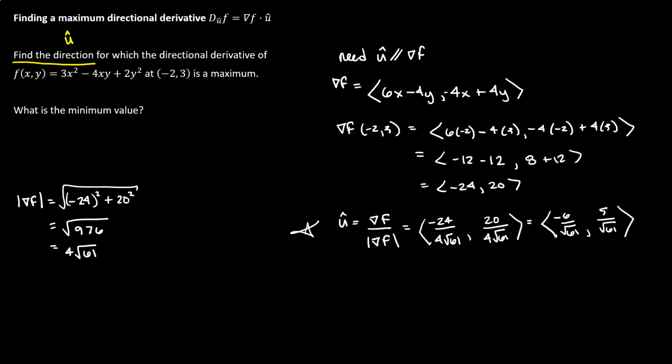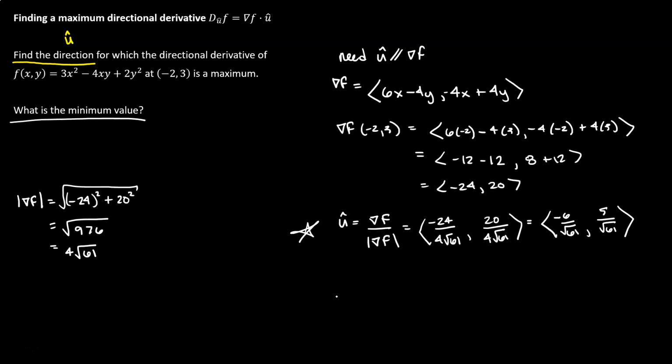But remember, that is only the answer to the first question. There was a second question. Second question was, what is the minimum value? To find the minimum value, we needed to travel in the opposite direction of the gradient vector. So this would be like using opposite of u hat.